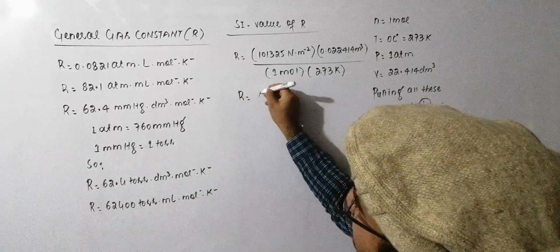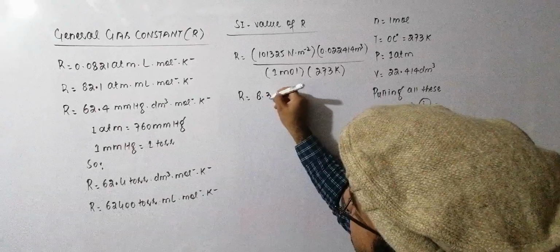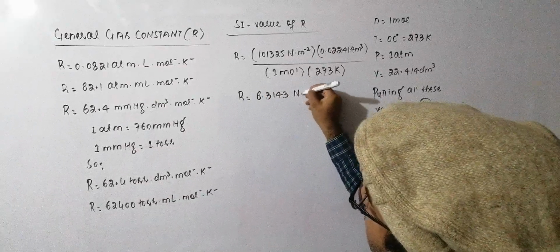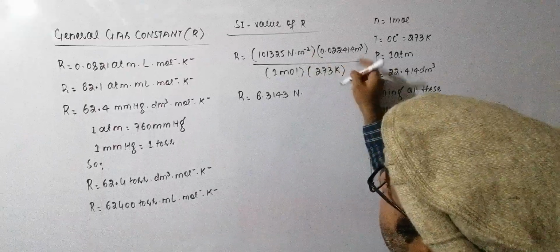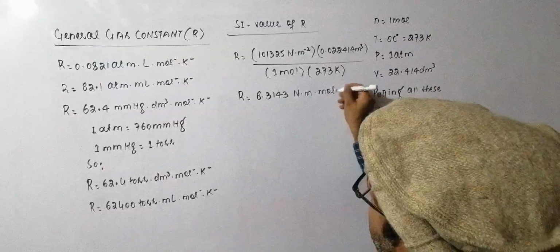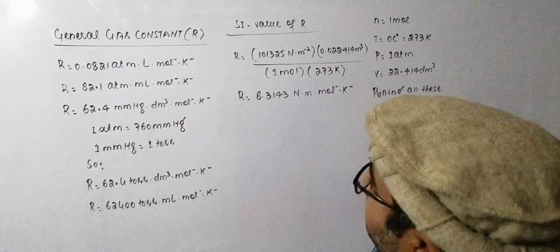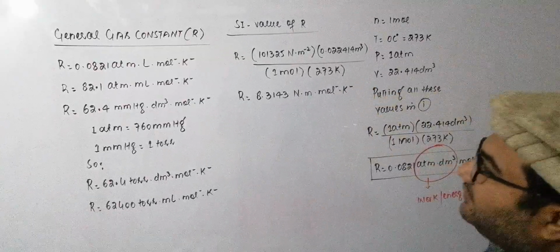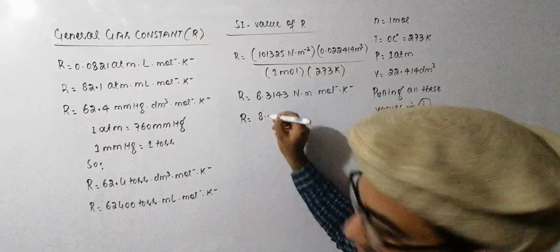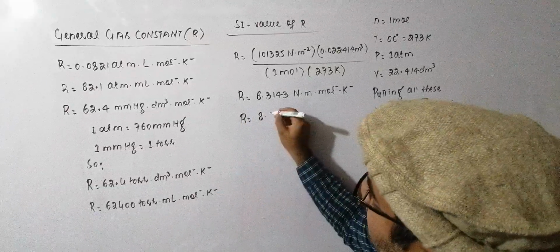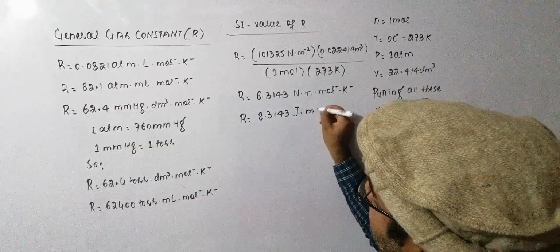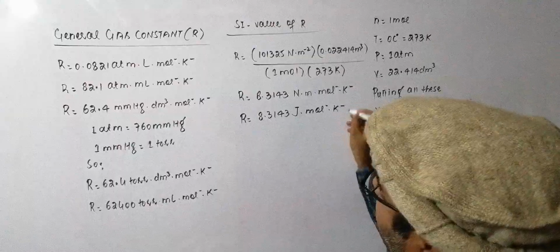When you solve it, it comes out to be 8.3143 Newton meter minus 2 and meter cube becomes meter, per mole per Kelvin. And you know Newton meter is equal to joules. So you may also write it as 8.3143 joules per mole per Kelvin.